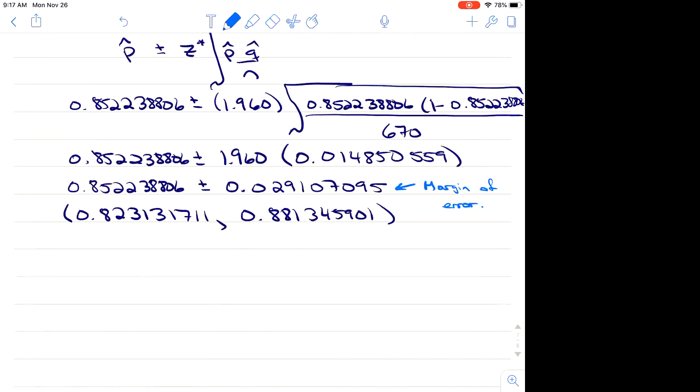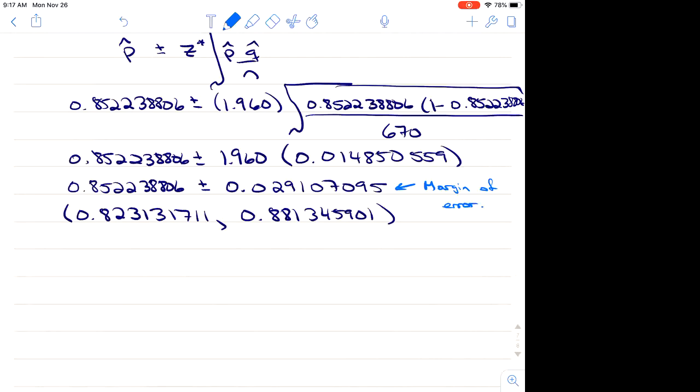Because it could be that it's carrying more decimal places. Let me try it again. First I'll do 571 over 670 and store that in 1.